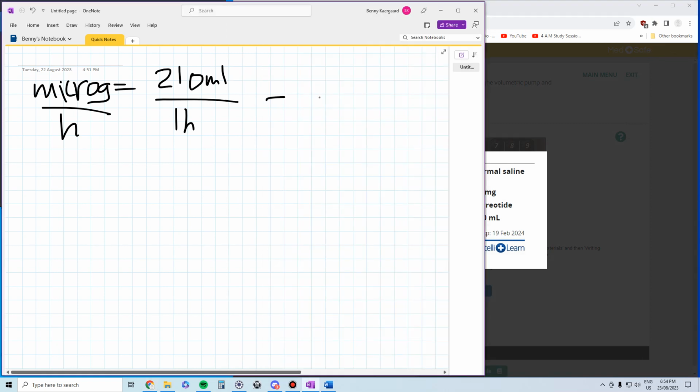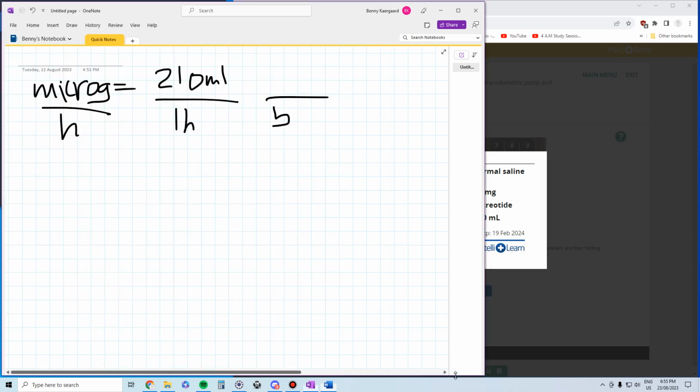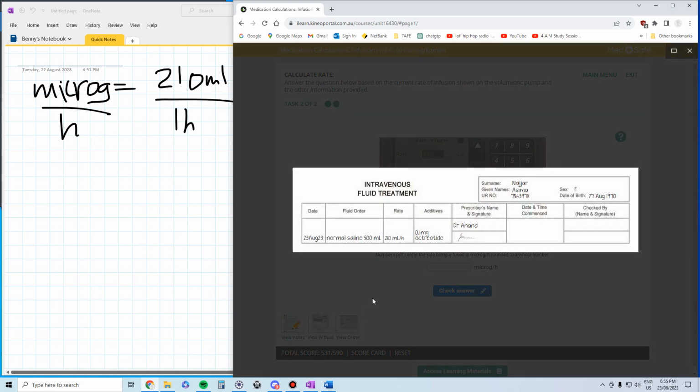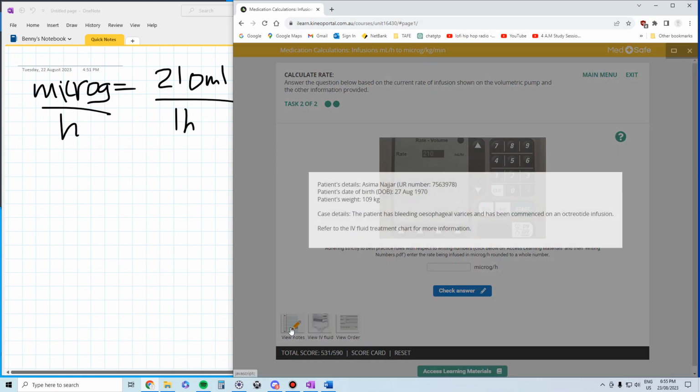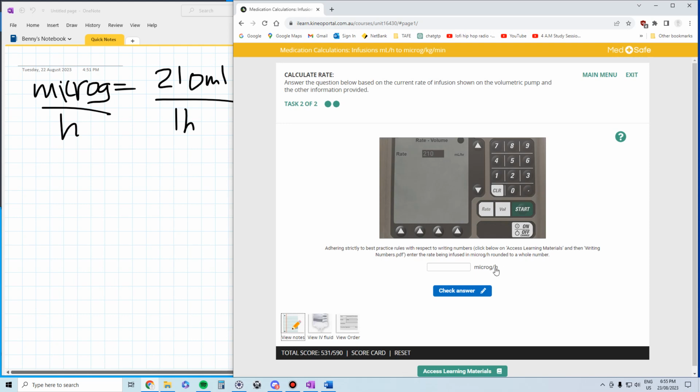We've got milliliters up here, so we'll just put the milliliters down here. This because of rule 4. And that's it, we've got everything. There is kilos here, but notice how they're only asking for micrograms per hour. So the kilos is sort of a red herring, you don't really need it.